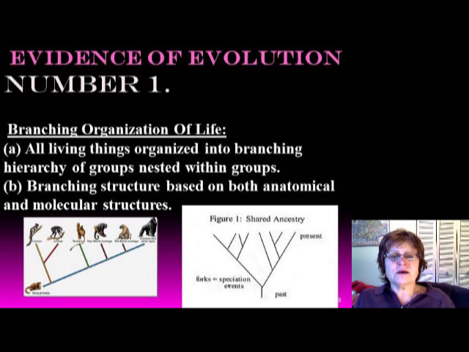All living things are organized into a branching hierarchy of groups nested within groups, just like your family tree. And the branching structure is based on both anatomical features and molecular structures. So if you look at your genes, it's not only by anatomy, but also by your genes. So it's very important.